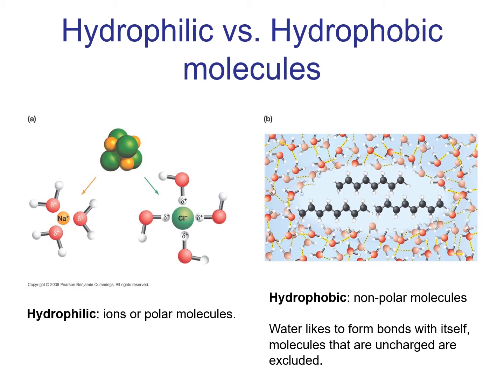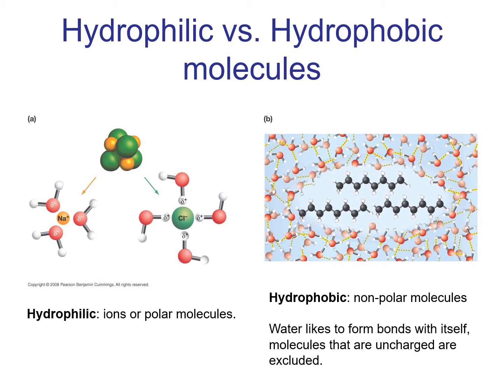If you take a hydrophobic molecule, and oil would be a good example, or a hydrocarbon, that's what you're seeing in example B here. That hydrocarbon is made out of hydrogens in white and carbons in black. They have pretty much the same electronegativity, so there's no differential charge distribution. They will not interact with water.